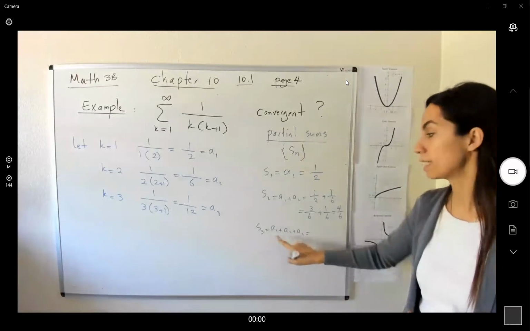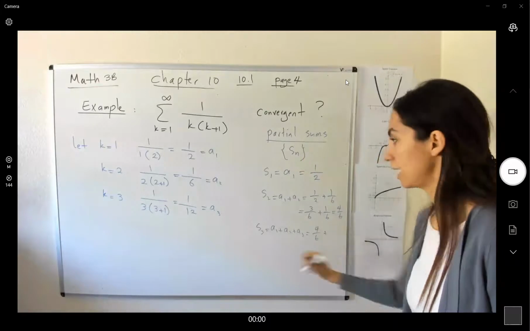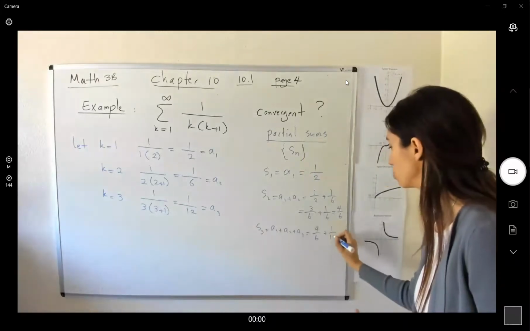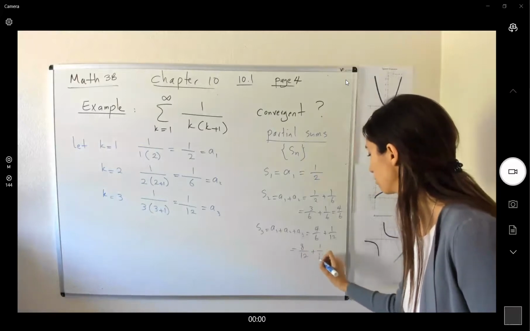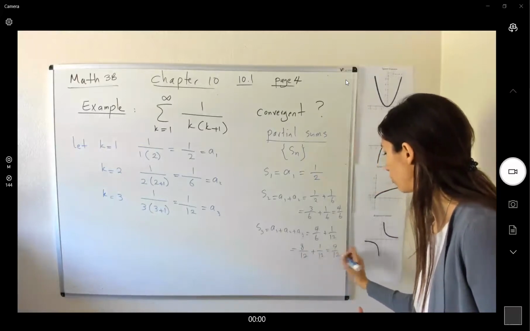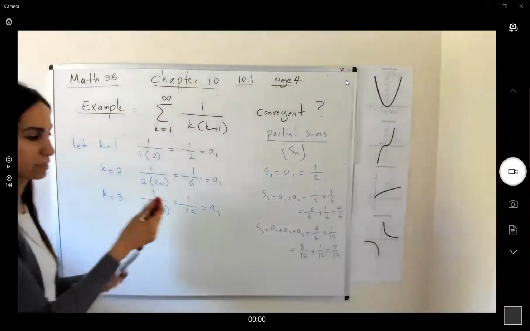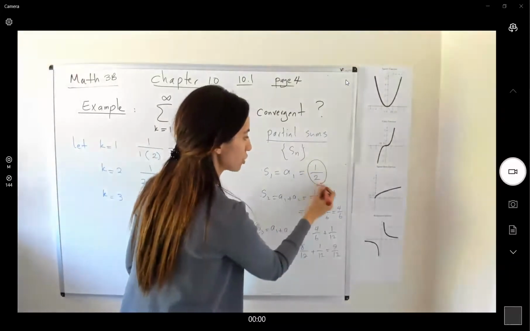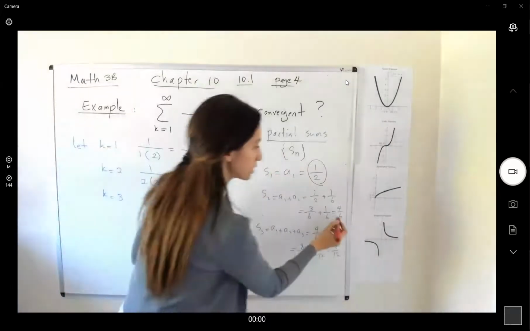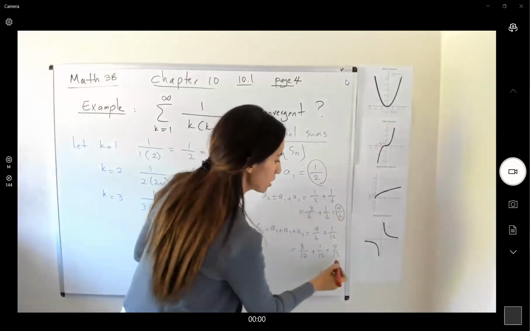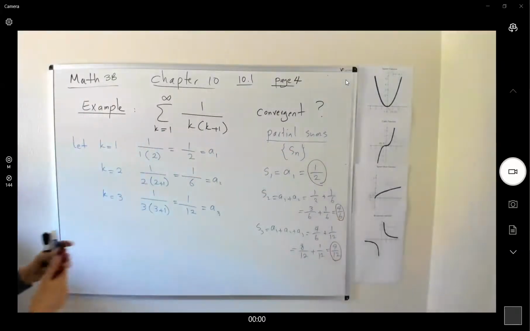You already know that a sub 1 plus a sub 2 is 4 over 6, and a sub 3 is 1 over 12. So you get 8 over 12 plus 1 over 12, 9 over 12. S sub 1, the first term of the sequence of partial sums, is a half. The second term is 2/3. The third term is 3 over 4, and so on.